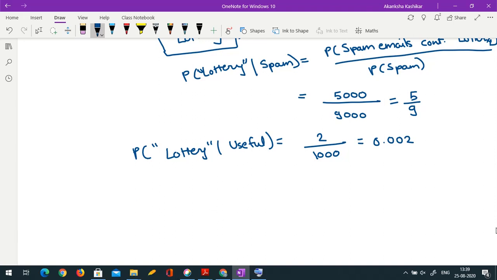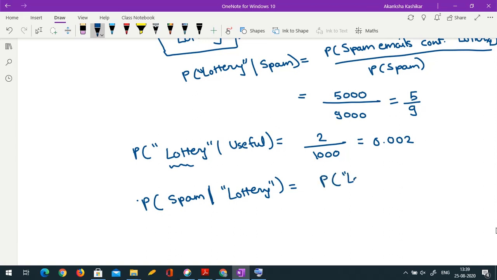Now finally, suppose it turns out that a new email that I have received has the word lottery. Then I can compute the probability of that email being spam given that it contains the word lottery. How do I compute this? This is where Bayes theorem comes in.